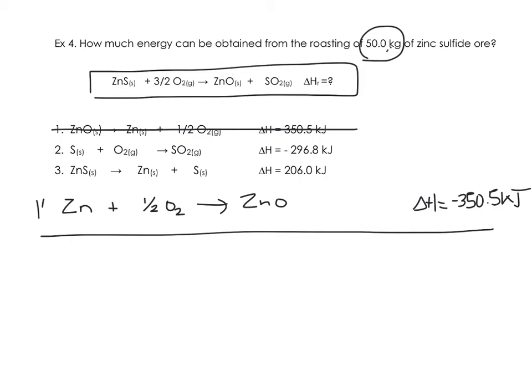So let's add these 3 reactions up. I'm just going to highlight so we can see the arrows. Arrow, arrow, arrow. Okay. On the left-hand side, starting with equation number 2, we've got sulfur. Sulfur is on the left in equation 2, but it's also on the right in equation 3. So that's going to cancel.